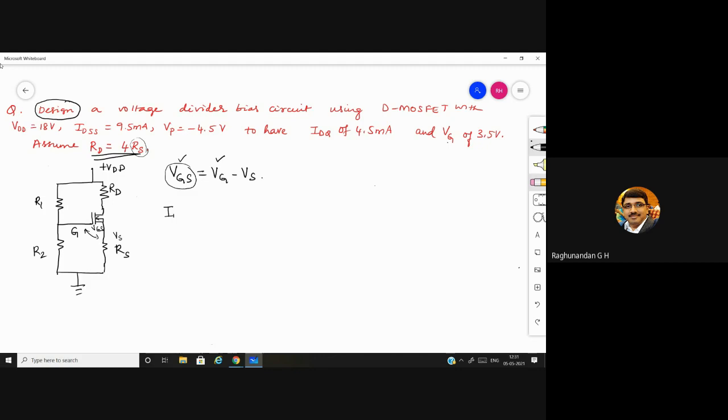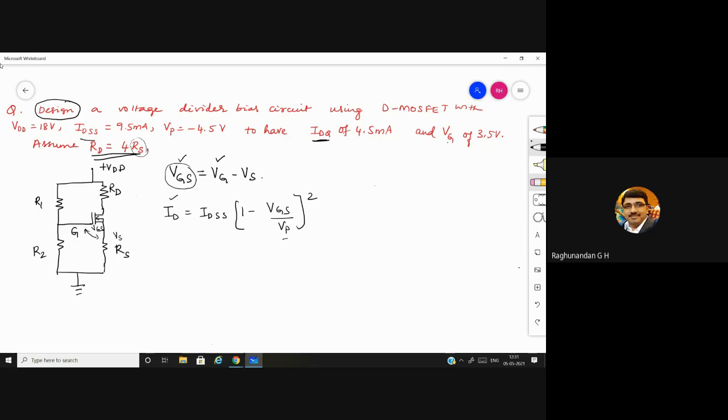So if we use this formula, ID equals IDSS times (1 minus VGS by VP) whole square. Let us check. Is ID given? Yes, sir, this itself is IDQ. Quiescent current means it is the operating current. And IDSS is given.